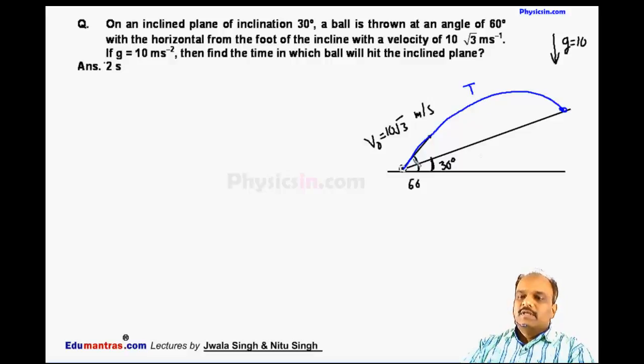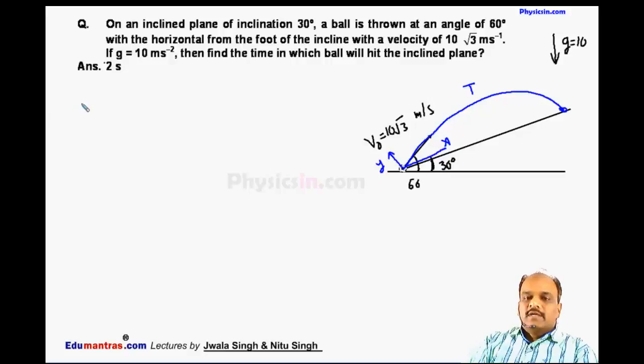We know time of flight can very easily be calculated if I assume this as our x-axis and this as our y-axis. Then I can write ux. We know this angle is 60 degrees, so this angle is 30 degrees.